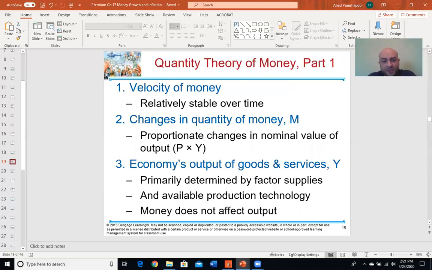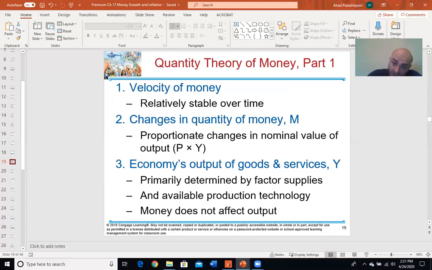If you want to increase the output of an economy, if you want to make people richer, it's done through factor supplies, production technology. It's done through science and technology and education and efficiency. It's not done through some politician waking up next morning and, hey guys, I decided to change this law. Yes, it could help, but only through technology.